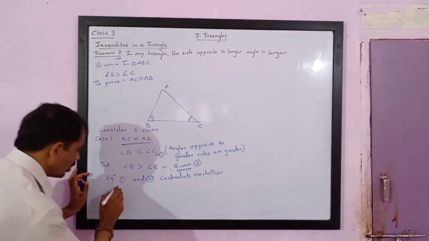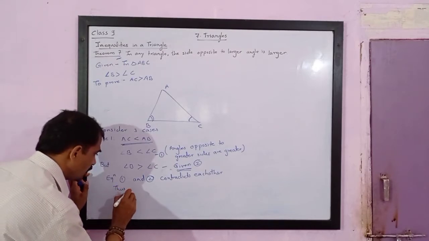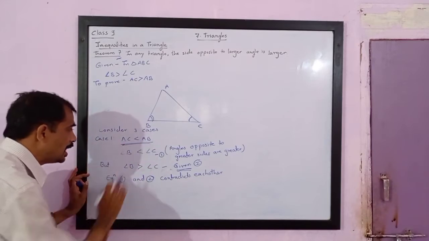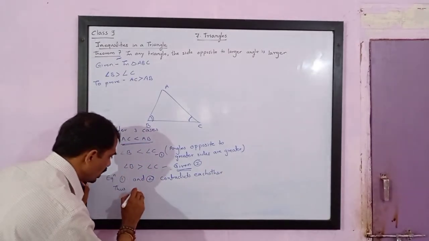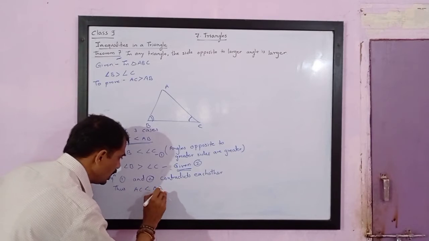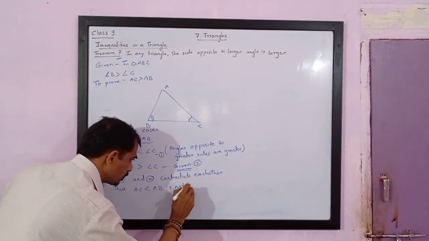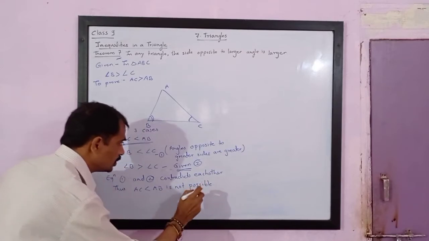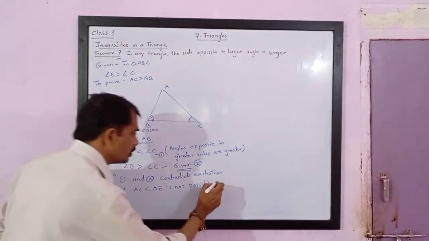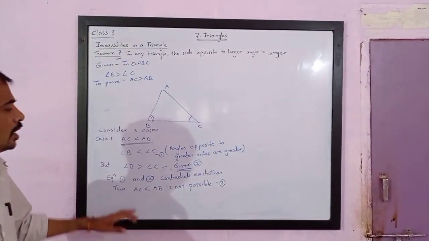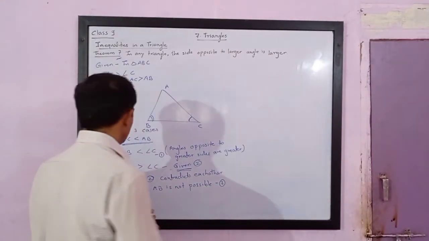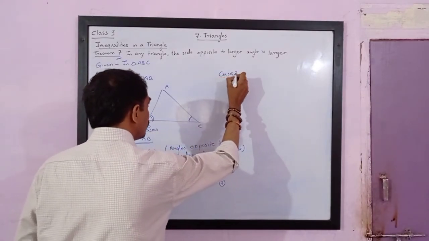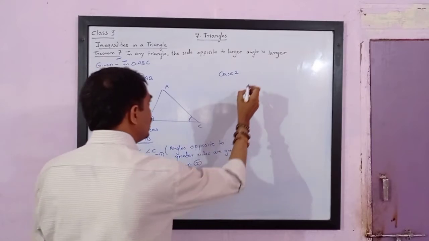Thus, AC less than AB is not possible. Next is case 2. This was case 1. Now case 2 is AC equals AB.